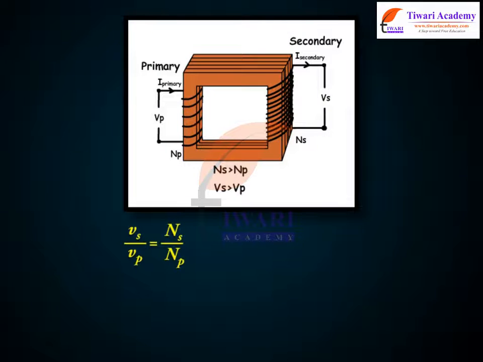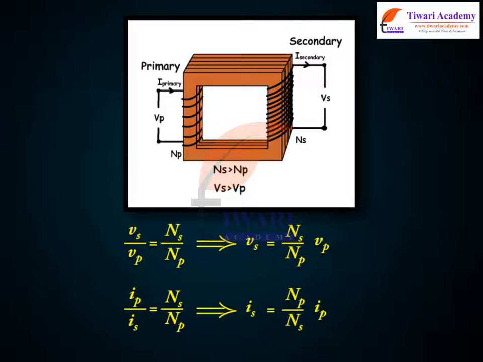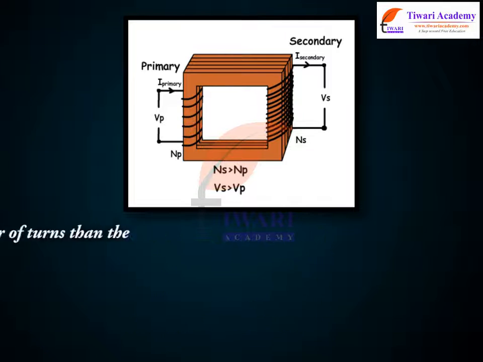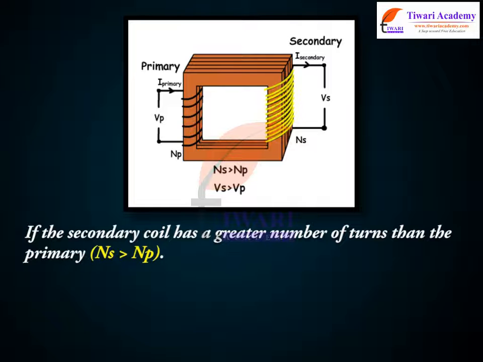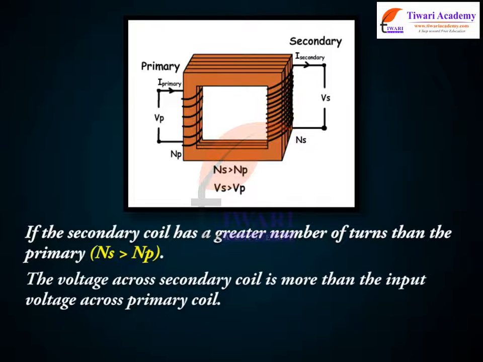Let us see how the number of turns in a transformer affects the voltage and current. We have Vs/Vp = Ns/Np, which gives Vs = (Ns/Np) Vp. Ip/Is = Ns/Np gives Is = (Np/Ns) Ip. If the secondary coil has a greater number of turns than the primary, Ns greater than Np, the voltage across the secondary coil is more than the input voltage across the primary coil.